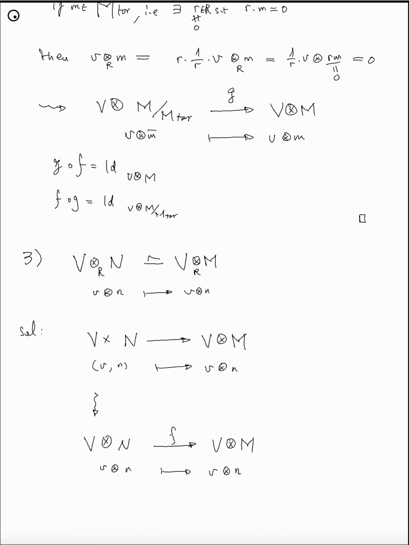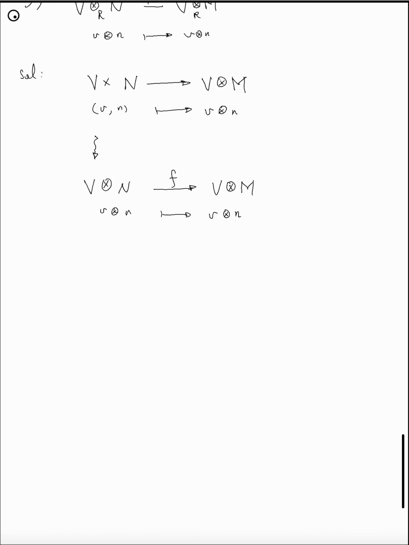So let's call this F. This is not the identity map because they're not the same module, on the two sides. So we construct an inverse.